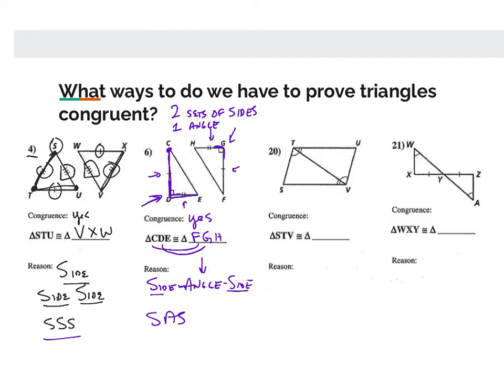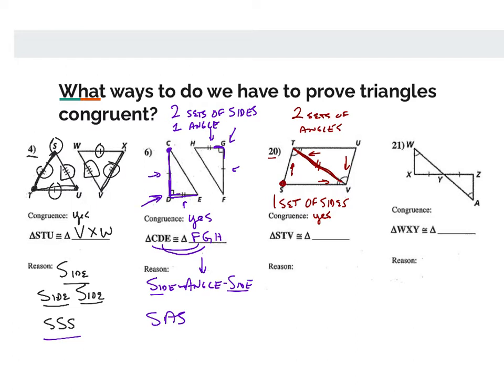Over here, number 20. I've got this angle, and this angle, and this angle, so I've got two sets of angles. And then remember that this side is part of both triangles, so I've got one set of sides, literally one side.